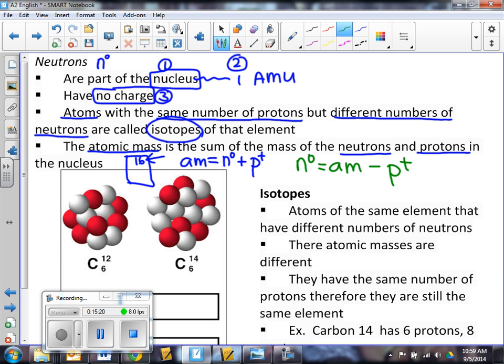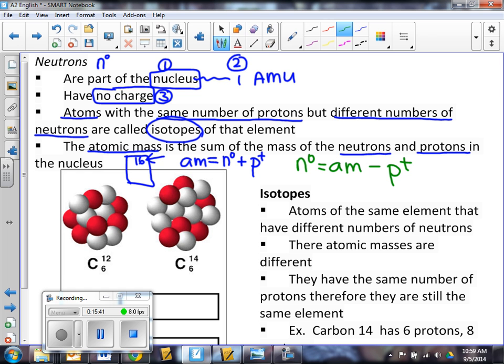So you will need your periodic table. You would be welcome to use a calculator if you want at this point. I think that most people can do subtraction without one, but if you wanted to use one, I wouldn't stop you from doing it. Does anybody need this screen to still be up?